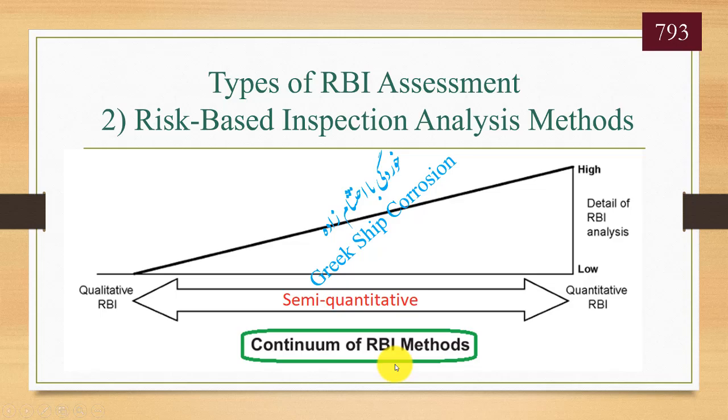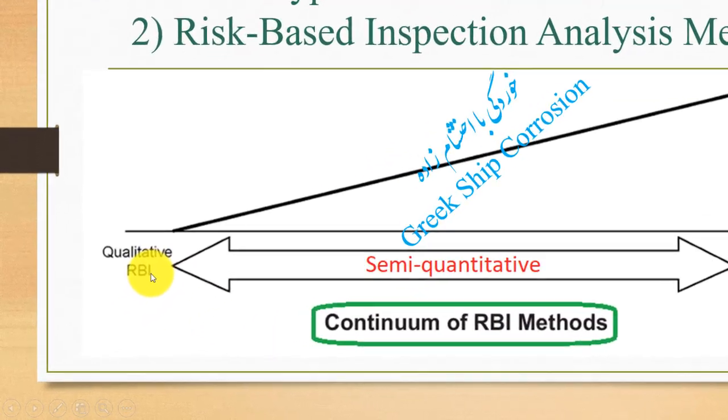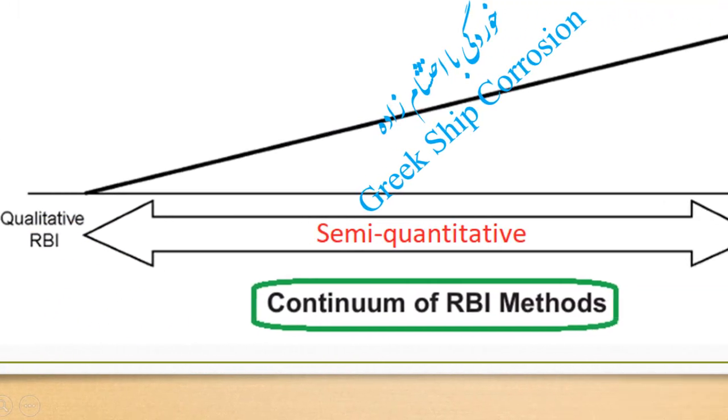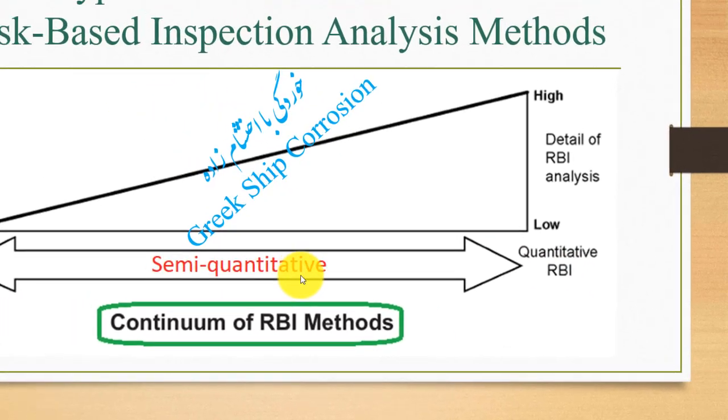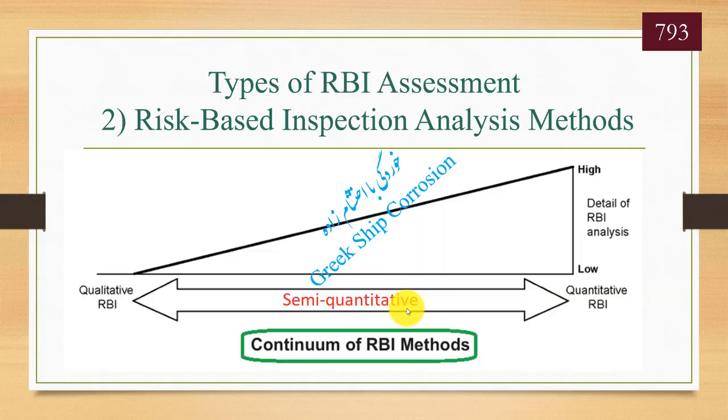Continuum of RBI methods: qualitative RBI, semi-quantitative, quantitative RBI. In the quantitative RBI method, detail of RBI analysis is high, while in the qualitative RBI, detail of RBI analysis is low.